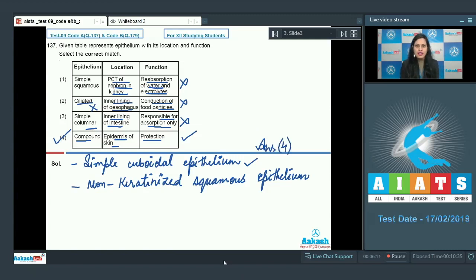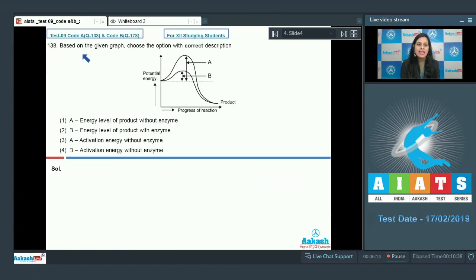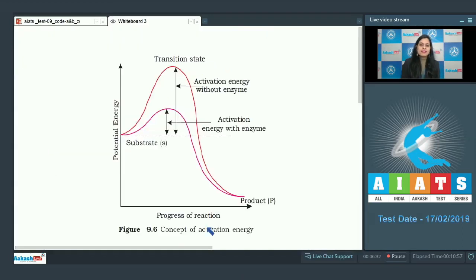Let's proceed to the next question. Question number 138. Based on the given graph, choose the option with the correct description. On the x-axis there is progressive reaction, on the y-axis potential energy, and we have to identify the A and B labels. Let's look at the concept of activation energy.